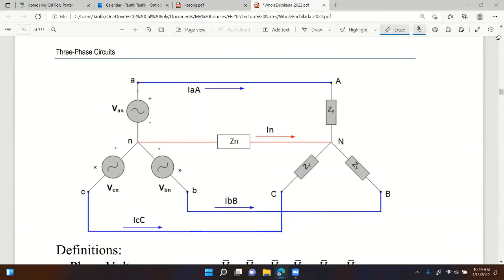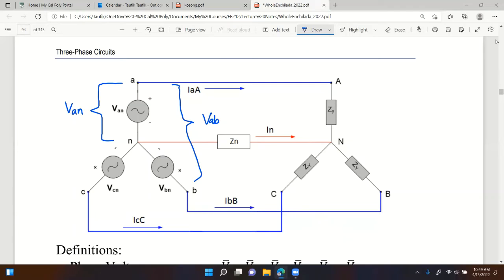Here's an example. Here's our phase voltage from here to here, VAN. And here's our line voltage, VAB. What can you say about the two voltages? Are they equal or are they different? They're not equal, right?